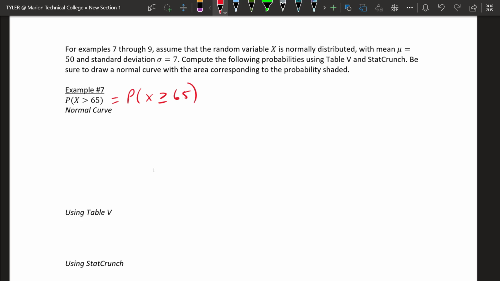So I can use greater than or equal to. I can include 65 or not, and the area doesn't matter. That's true for continuous random variables. However, for discrete random variables in Chapter 6, that makes a big difference, or at least it could, depending on what the probability is at that particular value. But it definitely matters for discrete.